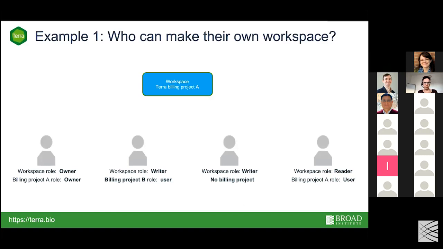He's obviously the billing project owner. The second collaborator is a workspace writer, and they belong to a different billing project, B, they're a user. The third collaborator is a writer in the workspace. They don't have any billing project. And the last is a workspace reader who is a user on billing project A.